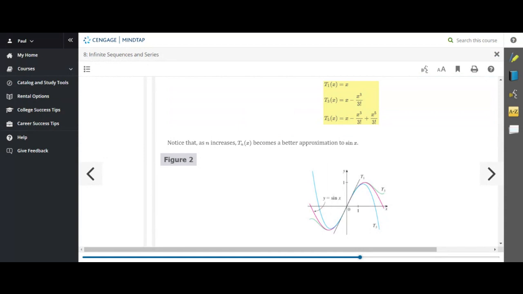So there are the three Taylor polynomials, T1, T3, T5, and they've graphed the polynomials along with the sine of x.